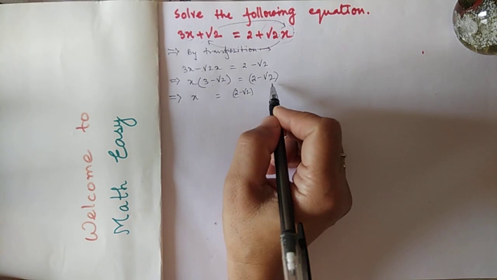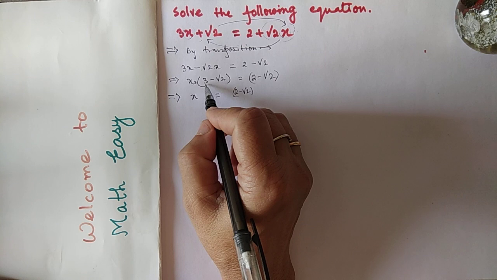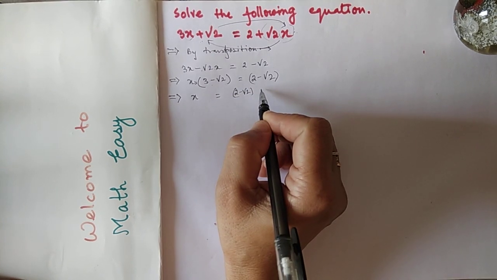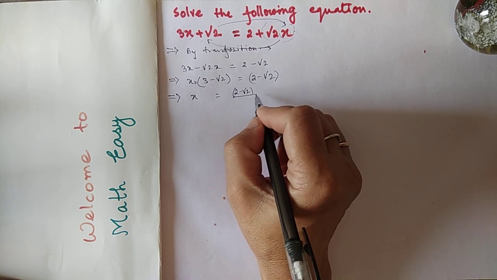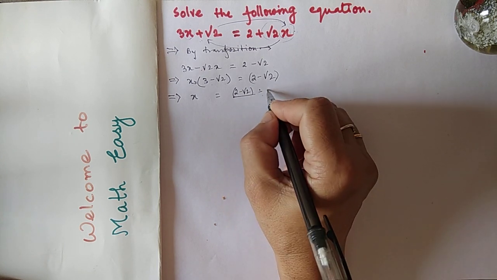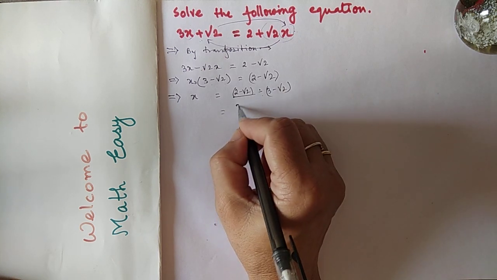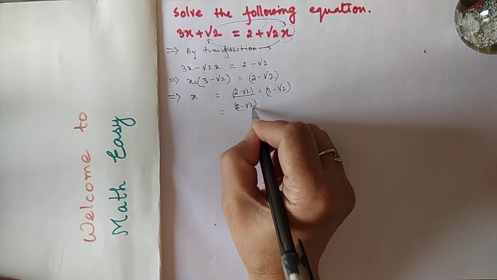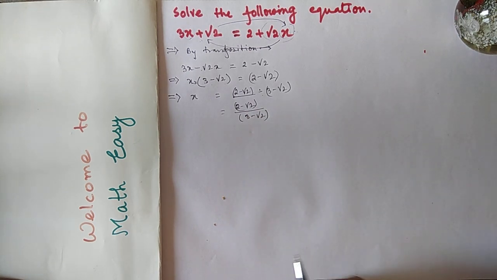We will bring it to the other side. It is with a multiplication sign with x, so if it goes to the other side, it will be with a division sign. So x is equal to 2 minus root 2 divided by 3 minus root 2.